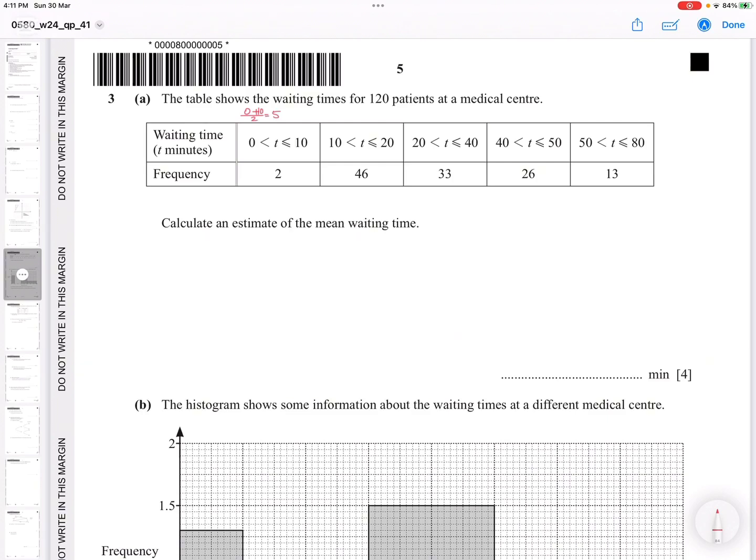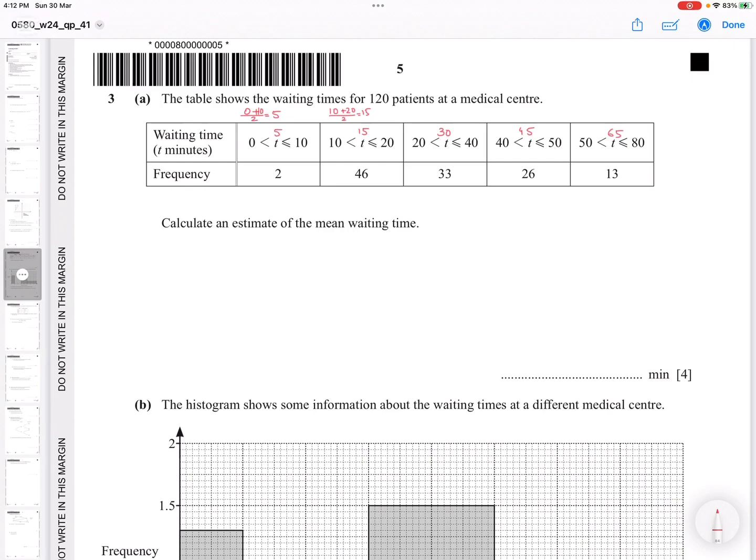So this is my midpoint. The next one, 10 plus 20 divided by 2, gives me 15. So the midpoint of this class is 15. Do the rest in the same way, and you will get the midpoints 30, 45, and 65.